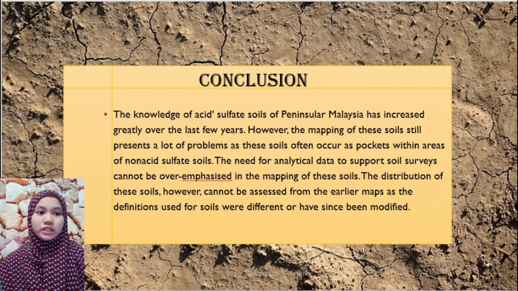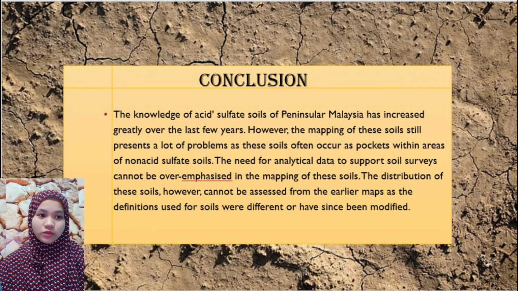The need for analytical data to support soil surveys cannot be overemphasized in the mapping of these soils. The distribution of the soil, however, cannot be assessed from the early maps as the definitions used for soil were different or have since been modified.